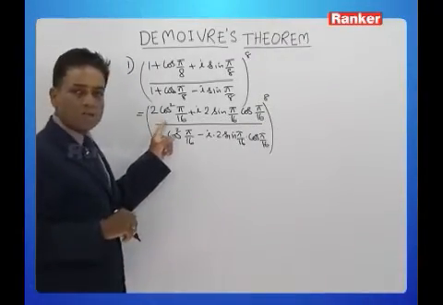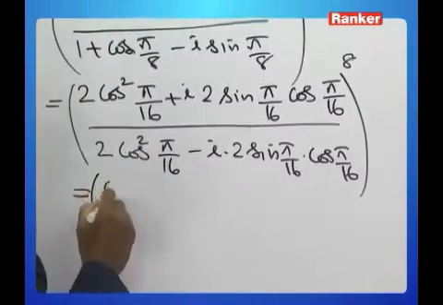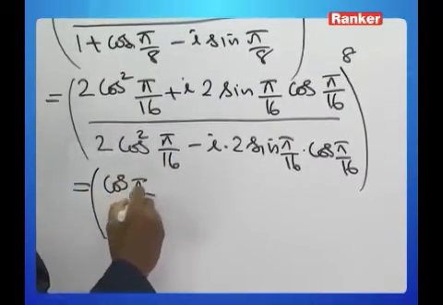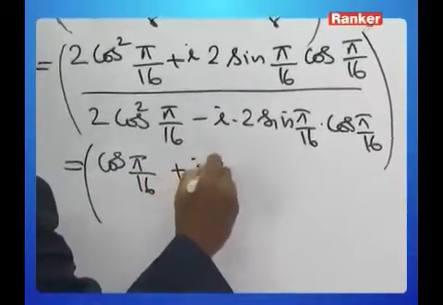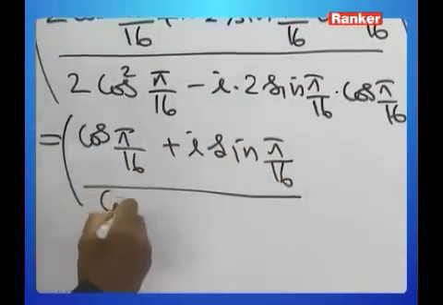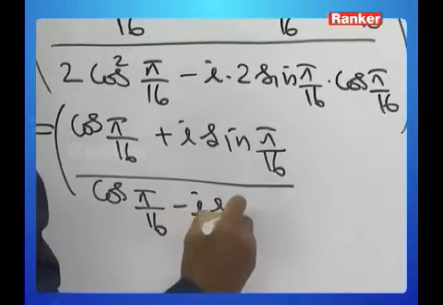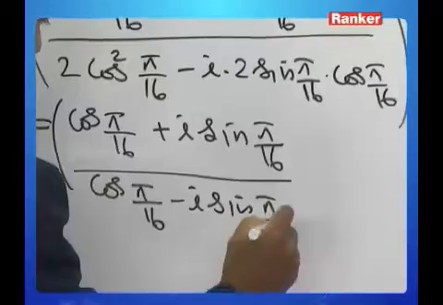Now, you take a 2 cos pi by 16 common and cancel it. After cancellation, you get (cos pi by 16 plus i sin pi by 16) by (cos pi by 16 minus i sin pi by 16), whole to the power of 8.